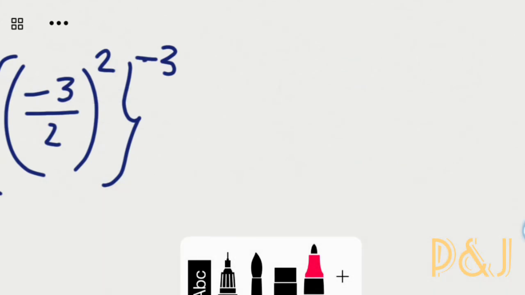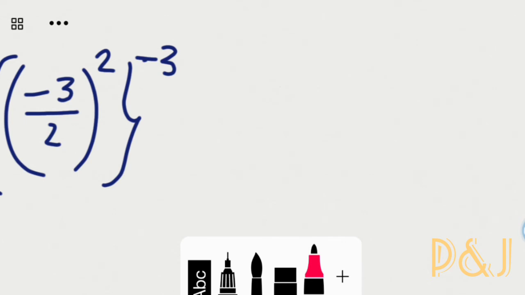So our next law is a upon b, in brackets, raised to the power m, then in parenthesis raised to the power n, gives us a upon b raised to the power mn. Mn, if it is written together, means m multiplied by n. Here I'll give you an example: minus 3 upon 2 in brackets raised to the power 2, then raised to the power minus 3.